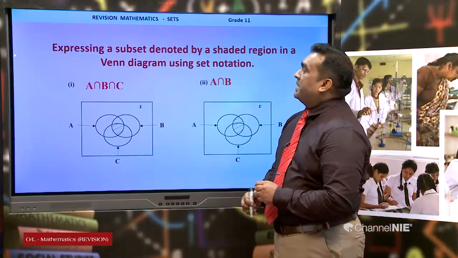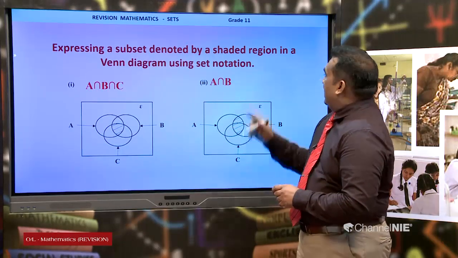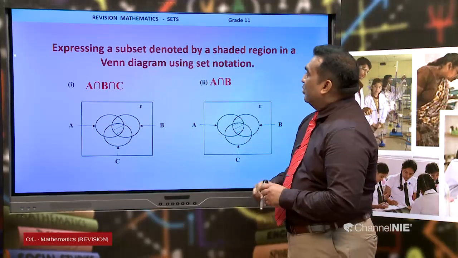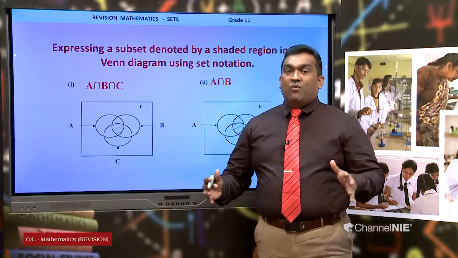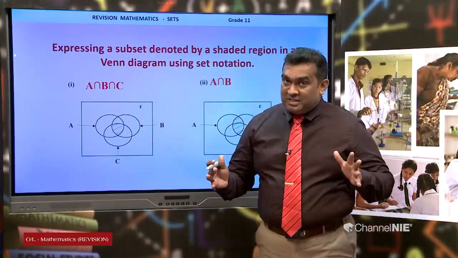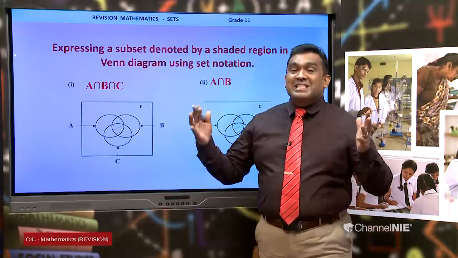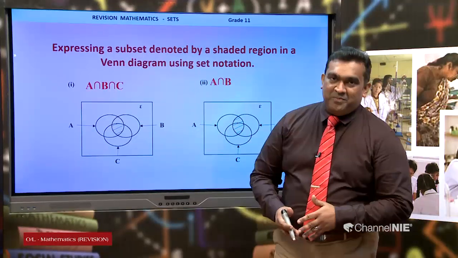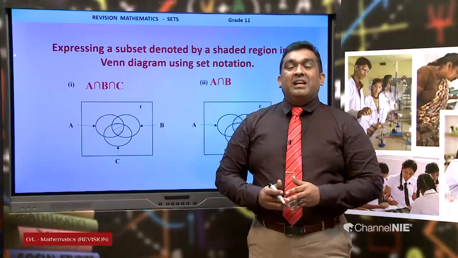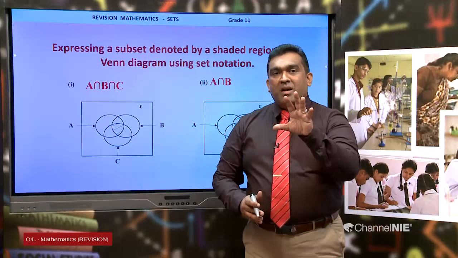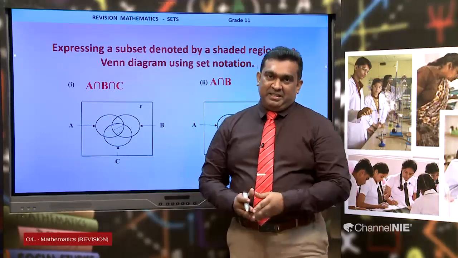Expressing a subset denoted by a shaded region in a Venn diagram using set notation. What are the notations? Set operations. There are three set operations: union, meaning all; intersection, meaning common; complement, meaning except.